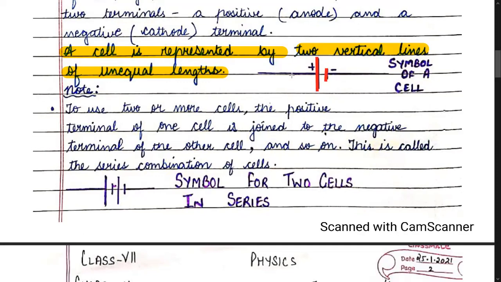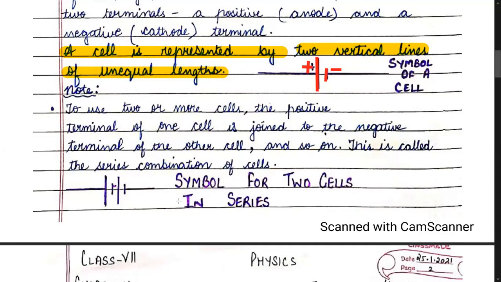The bigger line or the taller line represents the positive terminal of the cell, while the smaller line represents the negative terminal of the cell.